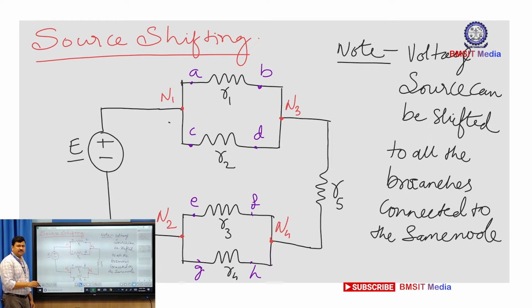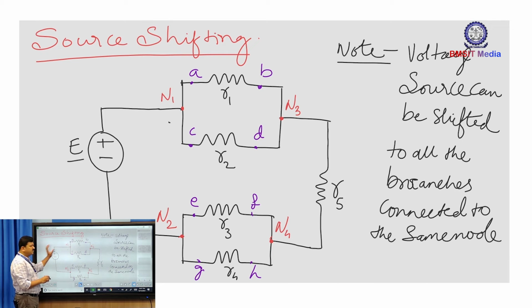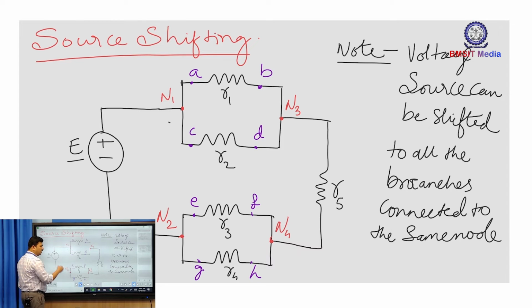But I cannot shift this voltage source in branch AB and CD, EF and GH at a time. Whenever I want to shift the voltage source, I can push it beyond one node, either ahead of it or previous to it. So either beyond node N1 in all the branches connected to node N1, or beyond node N2 in all the branches connected to node N2, but not simultaneously beyond N1 and N2.